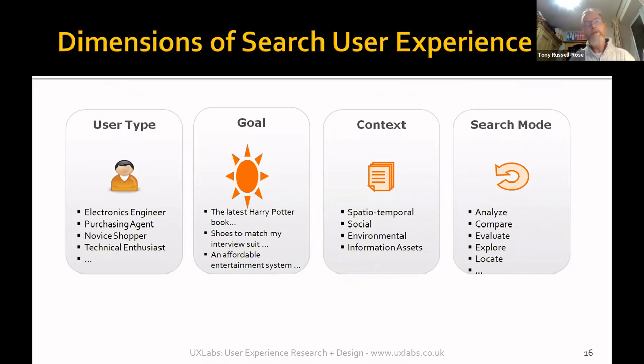And this is true here. We need to think about our user type, we need to think about their goal or their objective, and we need to think about their context.